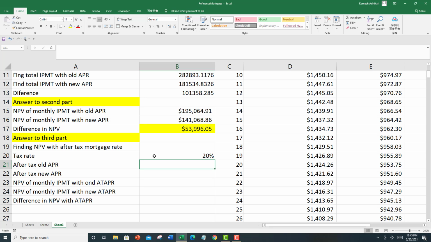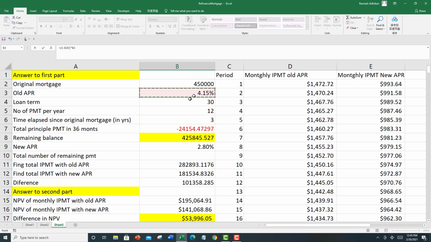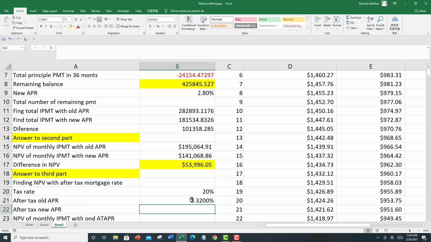Usually the after-tax rate is always equal to bracket 1 minus your tax rate, times the APR. So the after-tax old APR is going to be 1 minus tax rate times 4.15%. That is the after-tax old APR.